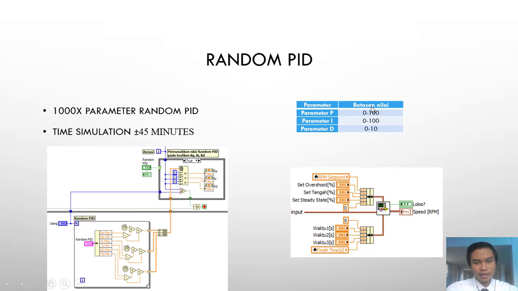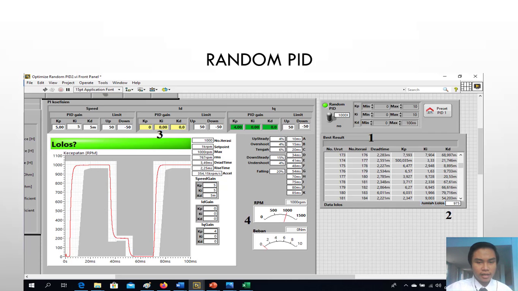Here is the parameter range: parameter P 0 to 100, parameter I 0 to 100, parameter D 0 to 10. And then here is the random PID result.